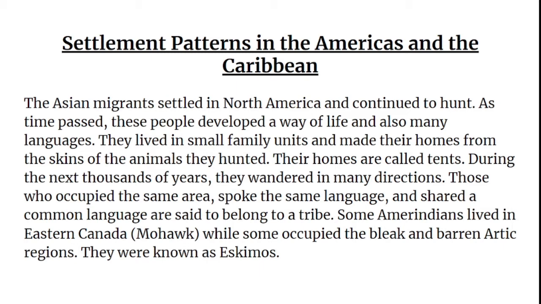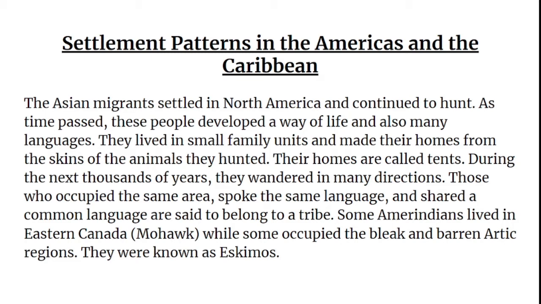And as time passed, these people developed a way of life and also many different customs. They lived in small family units and made their homes from the skins of the animals they hunted. Their homes are called tents, because during the next thousands of years, they wandered in many different directions. Those who occupied the same area spoke the same language and shared a common culture, and are said to belong to a tribe.